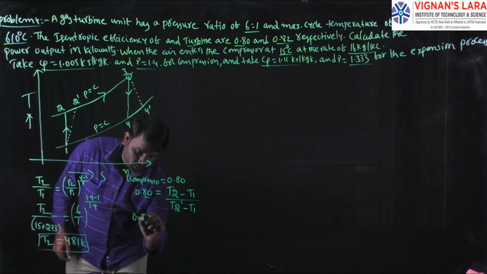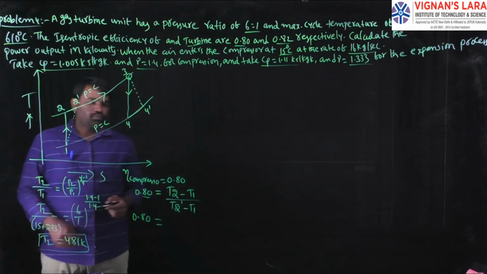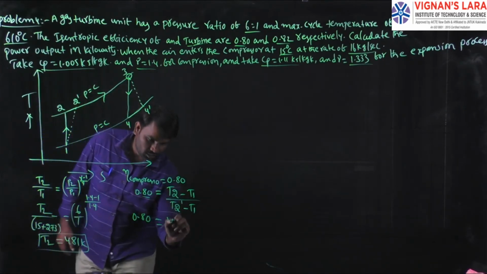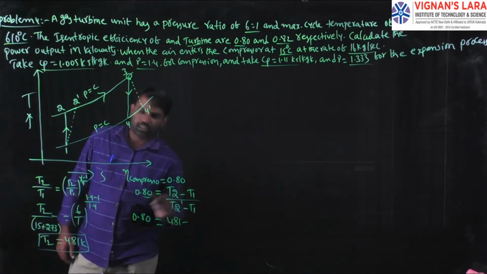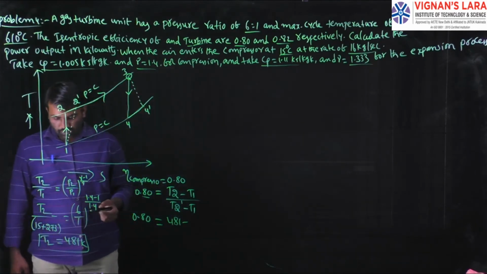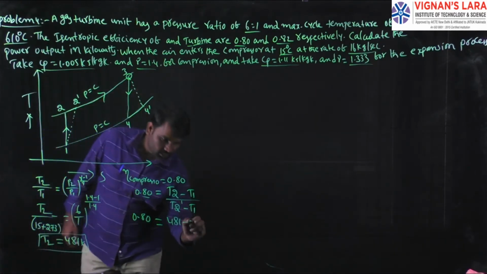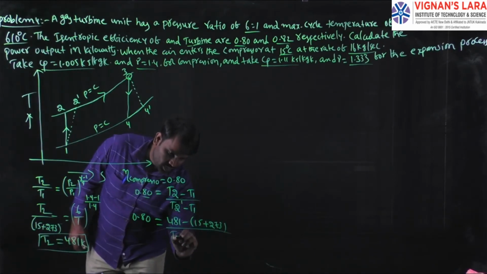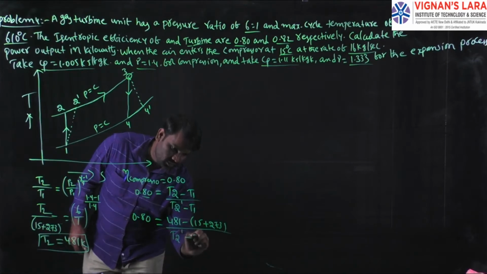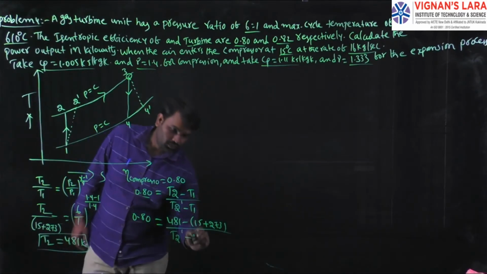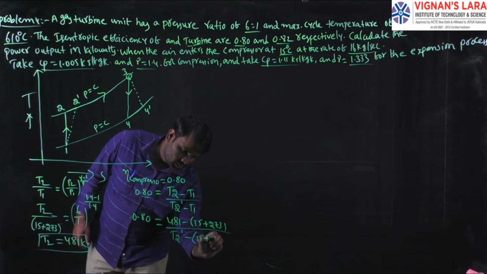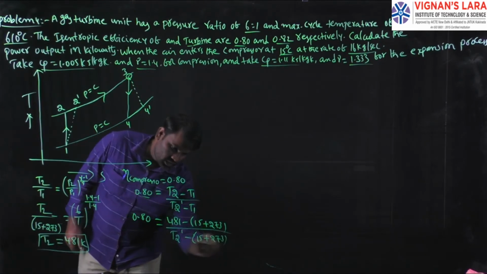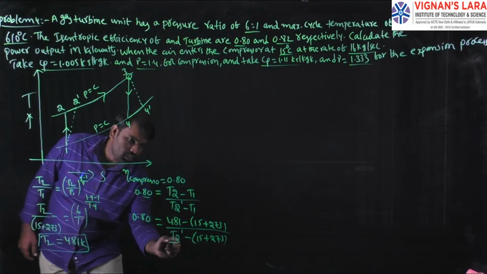By substituting T2 equal to 481 minus T1 equal to 15 plus 273, divided by T2 dash minus T1 equal to 15 plus 273, the unknown value in this relation is T2 dash.